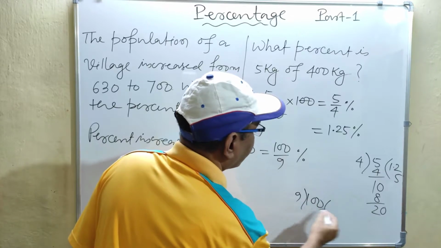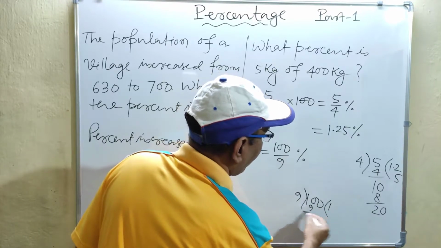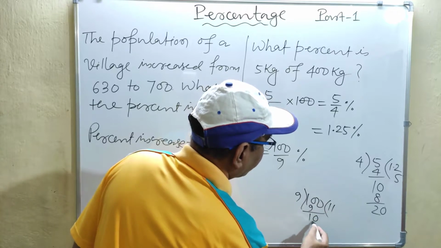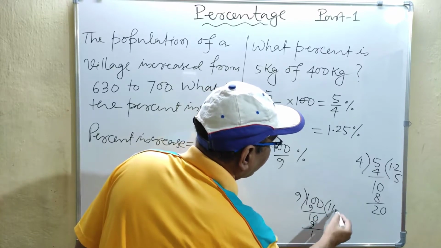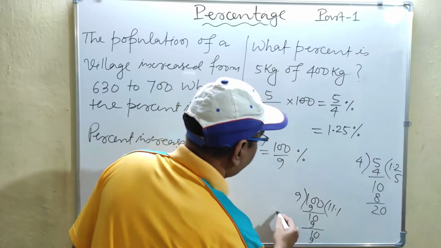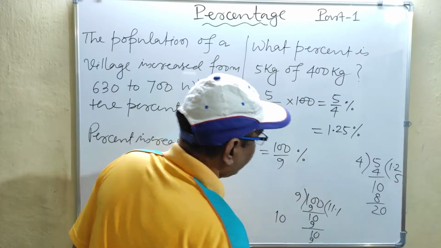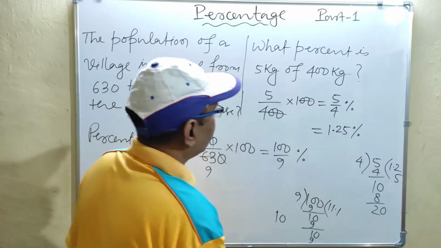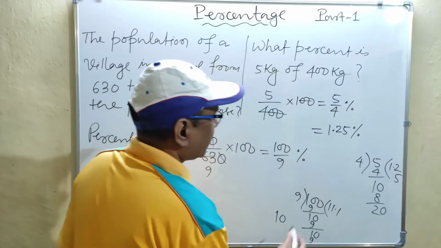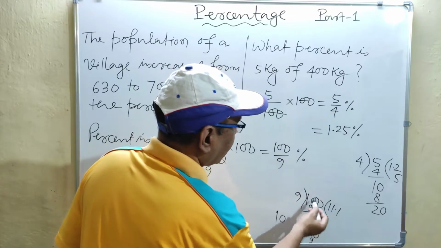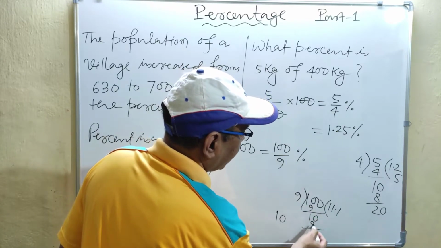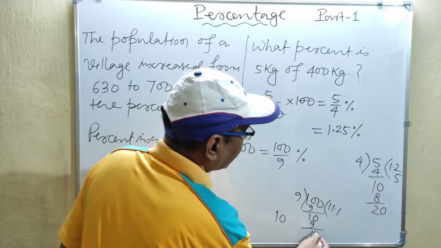Let us divide. 9 1 9, 1 0, again 0. So in this way it will continue, I think. 9 1 9, 10, 1, and this 0 10.